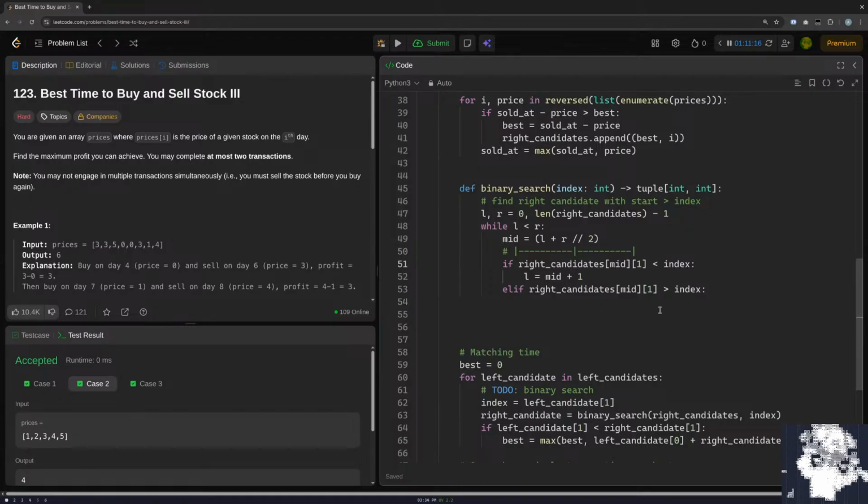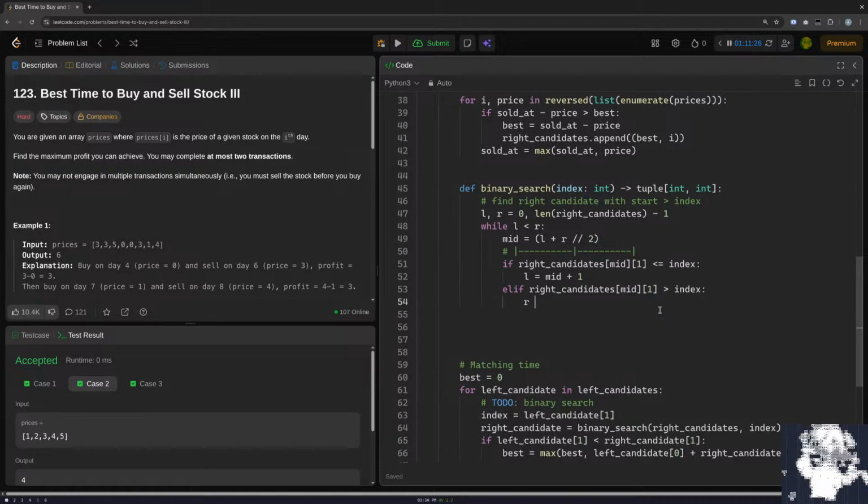Let's say if it's less than or equal, then I know that my answer is on the right side, so I push the left forward. If it's greater, my answer's on the left side. Yeah, and it might include mid.